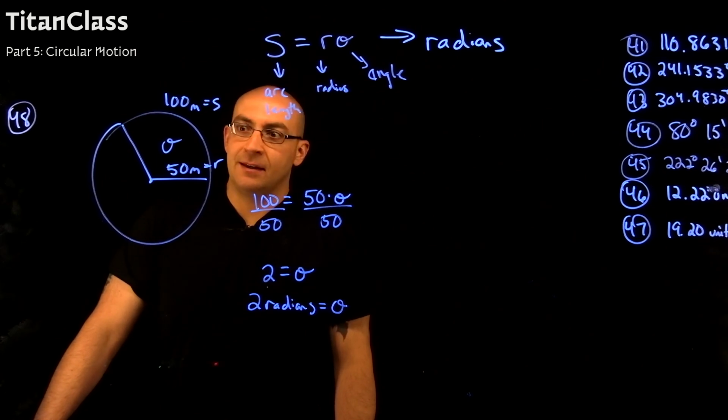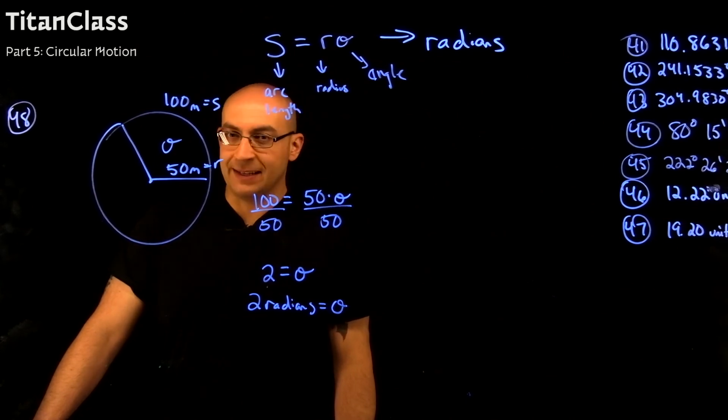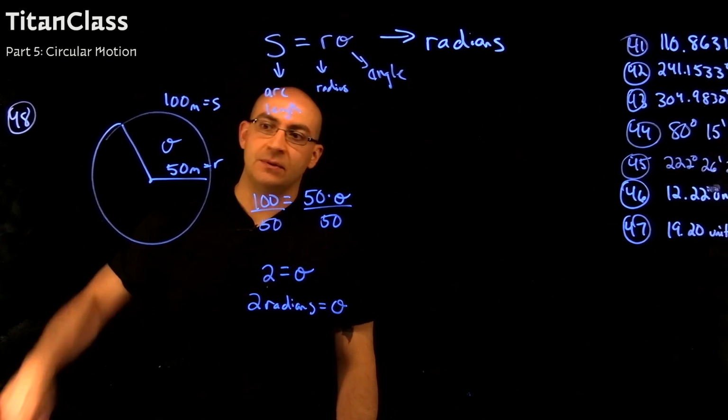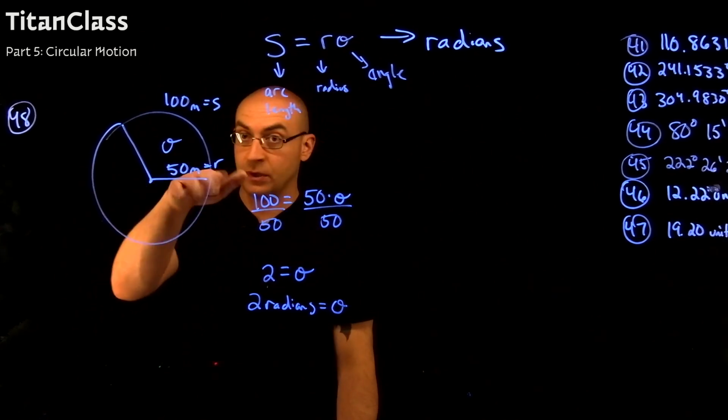If we talk about the measurement value of what 1 radian actually is, 1 radian is about 57.3 degrees, because that is almost a third of half of a revolution, or the 180 we're looking for.